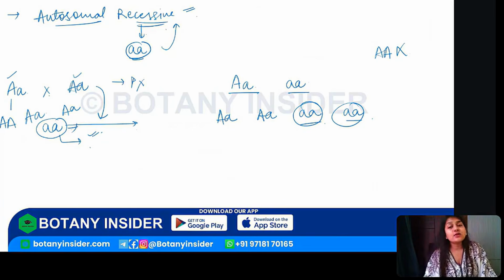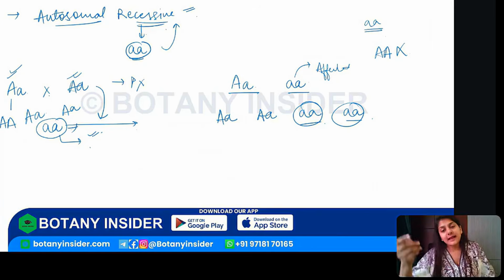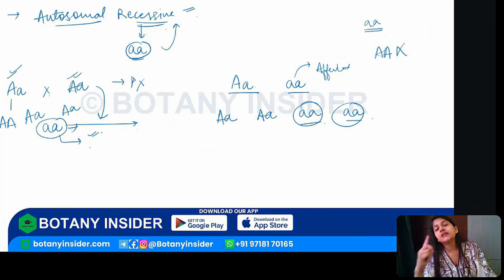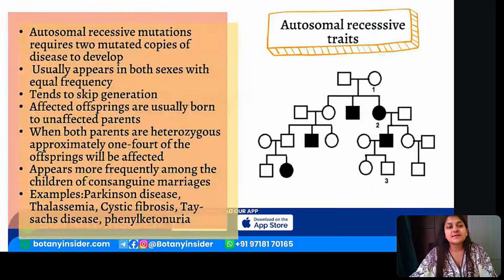In the case of autosomal recessive, I can have my previous generation completely unaffected, or one of them being affected. Because only in the condition of small a, in my next generation, one of the alleles from the parental generation should be a recessive allele, right?